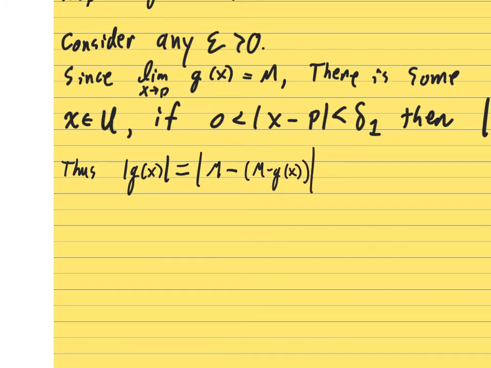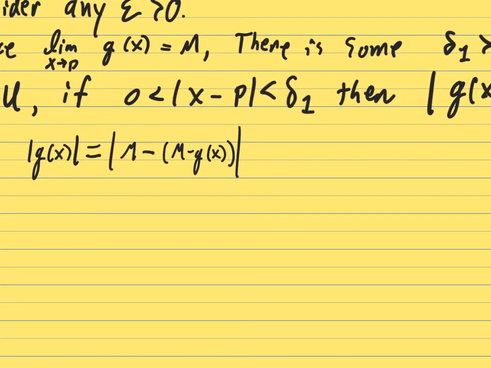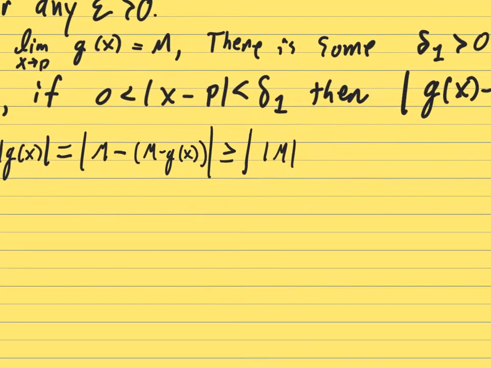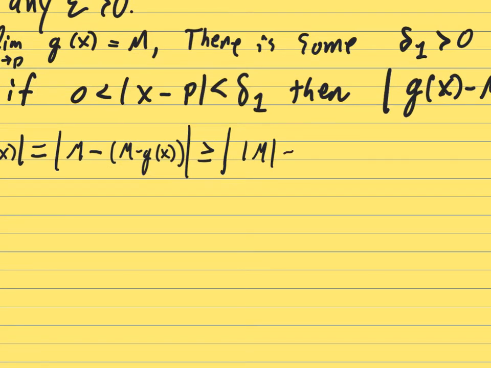There's a more obvious way to come up with a proof of this, but I think this will be the most elegant way. Why is that a reasonable thing to do? So that's subtraction inside of an absolute value. By the so-called other triangle inequality, this is bigger than or equal to the absolute value of m minus the absolute value of m minus g of x.